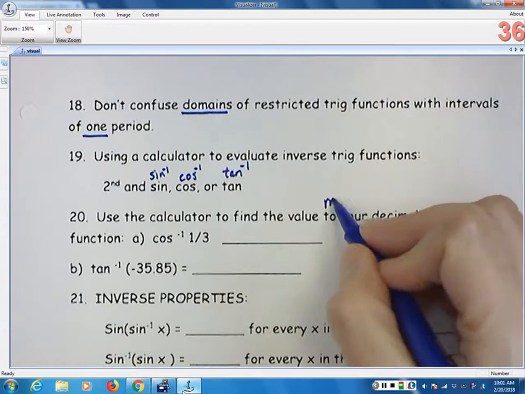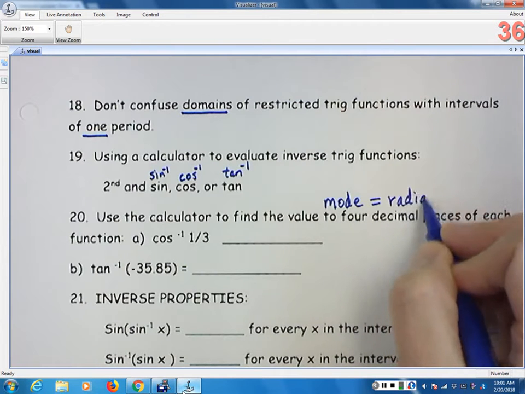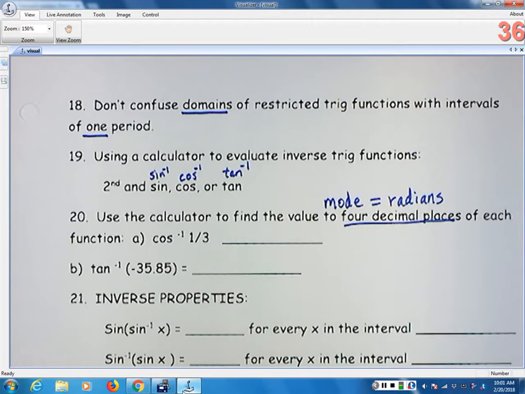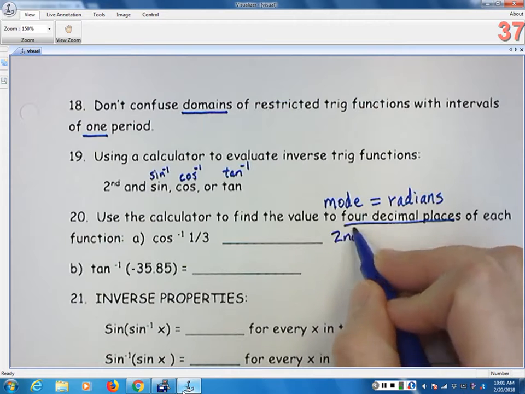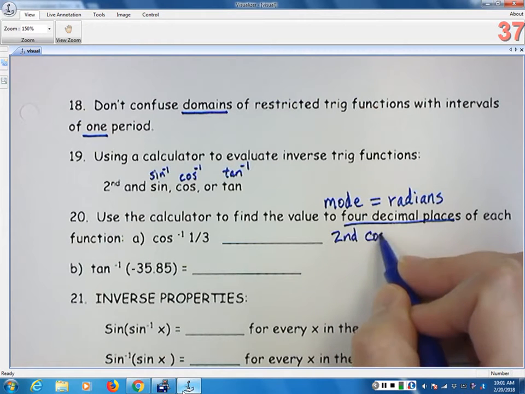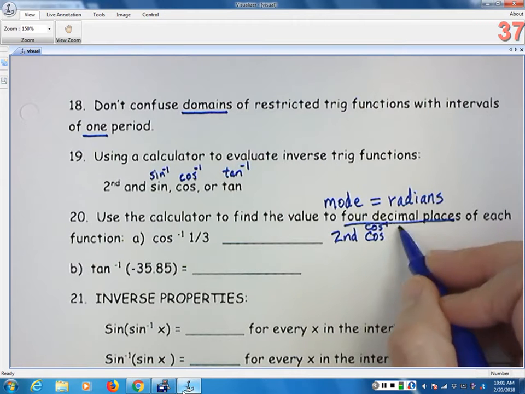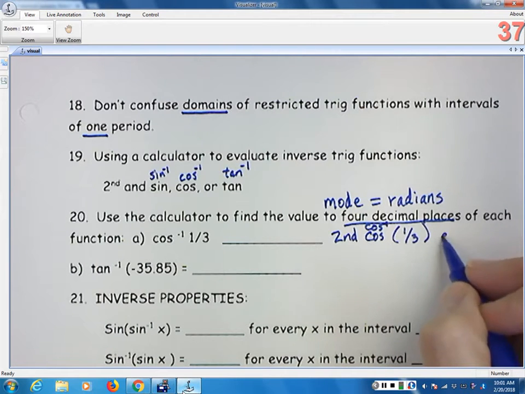So mode equals radian, and that's why we want 4 decimal places. I would tell you it's in radians, but we're going to be using radians. To find this, you're going to press second cosine, which is cosine inverse, or inverse cosine, and 1 divided by 3. Enter.